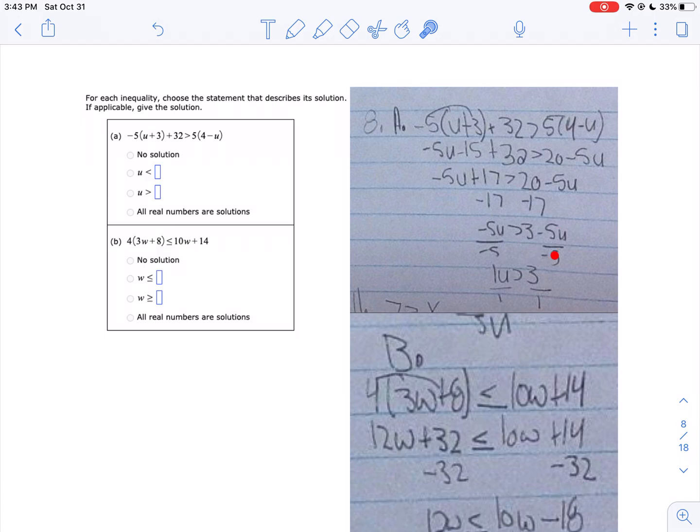You do not divide by negative 5. The opposite of subtracting is adding. So let's go from there. We should have had negative 5u is greater than 3 minus 5u. I'll start with what you had right there.